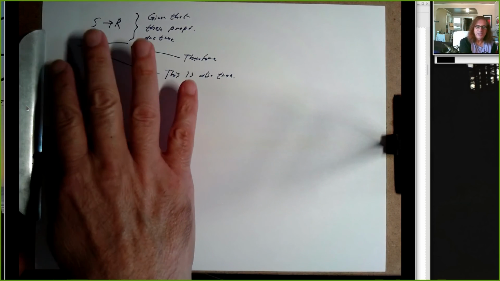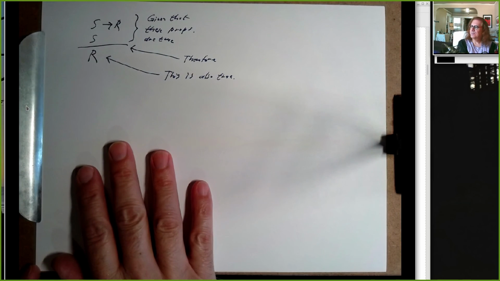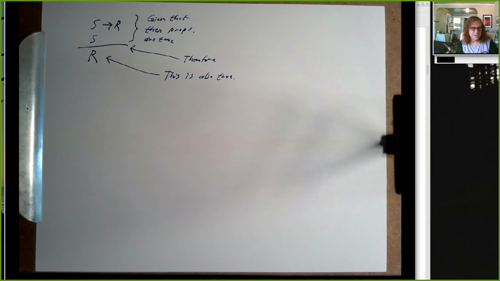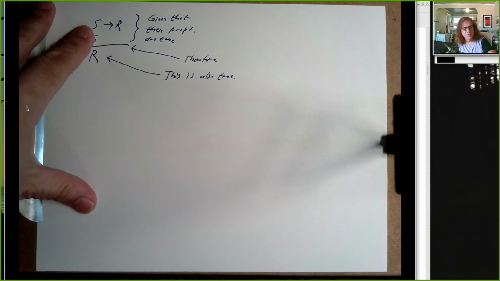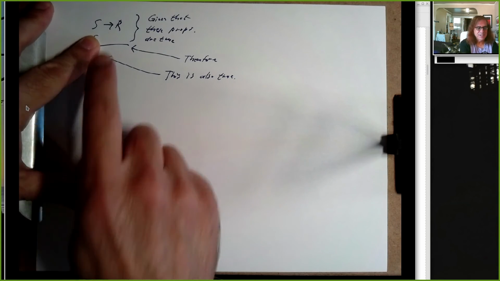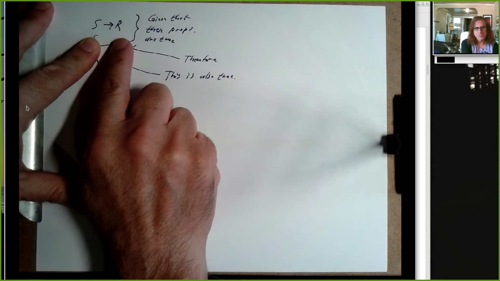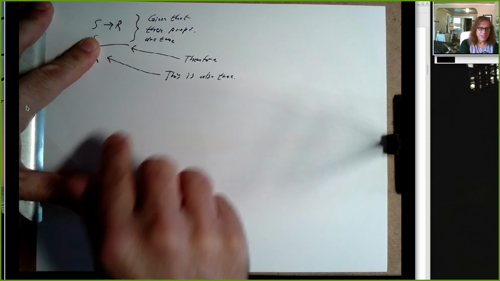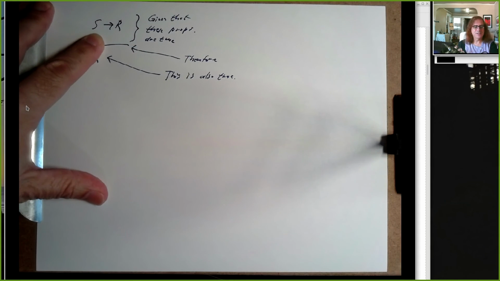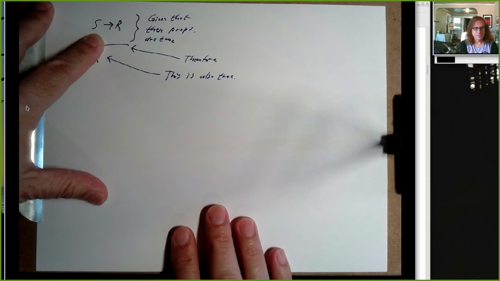Now this should make intuitive sense, because regardless of what S and R might stand for, here's what is happening. Suppose we are told that it's absolutely true that if S is true, then R is true. We're being told that that's a true proposition. So now we can say if S is true, R has got to be true.